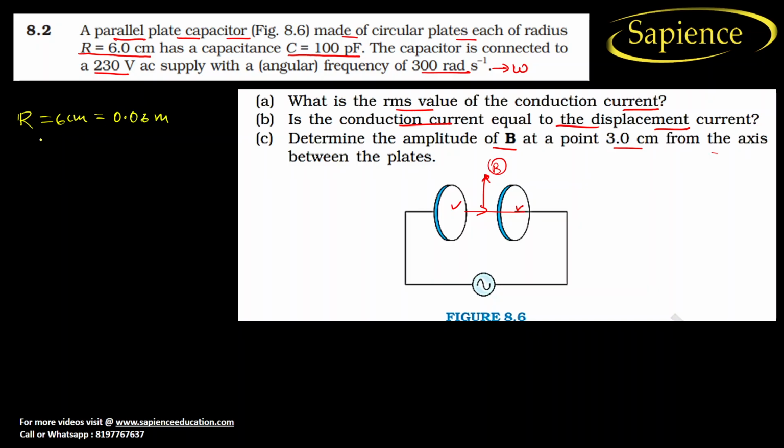And the capacitance of the capacitor is equal to 100 picofarad, and if you convert it into standard units, this will be 100 into 10 to the power minus 12 farad. And the voltage, that is Vrms, they have provided us as equal to 230 volt. I hope you have understood this one. And the omega they have provided you is 300 radian per second, right?